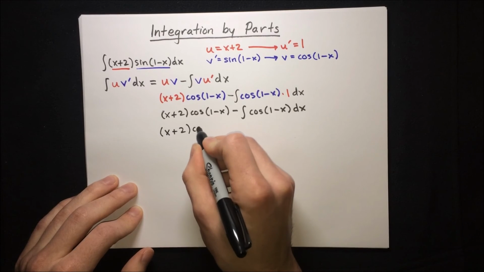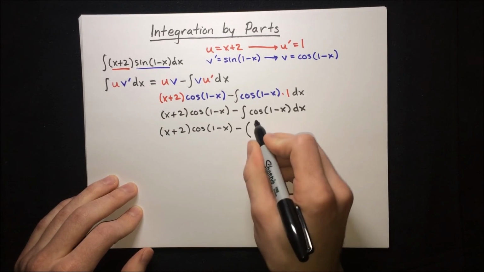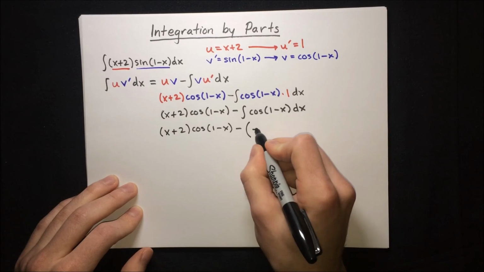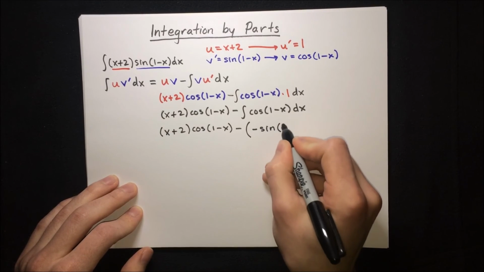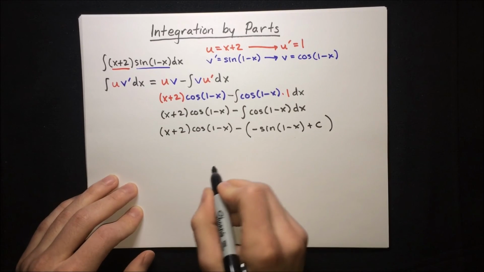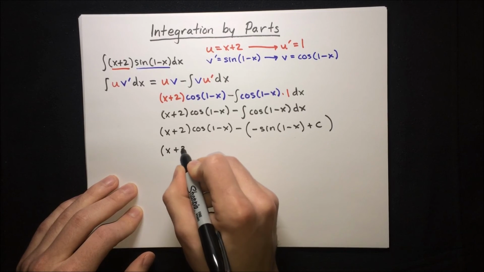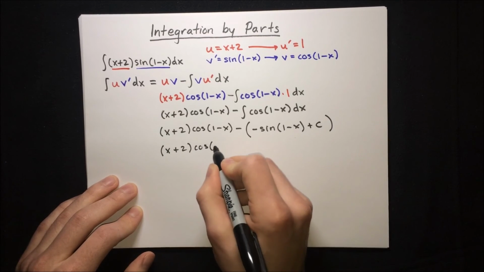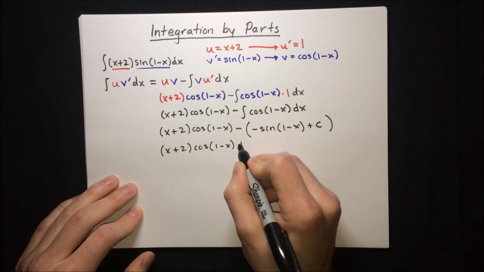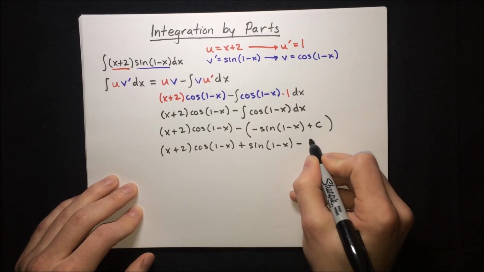So x plus 2 cos 1 minus x minus the solution to this integral is negative sine 1 minus x plus our constant. And then we can go ahead and distribute the minus sign. So x plus 2 cos 1 minus x plus sine 1 minus x minus our constant.